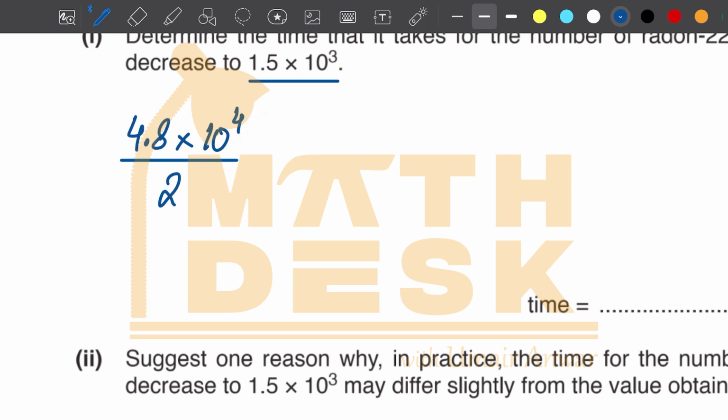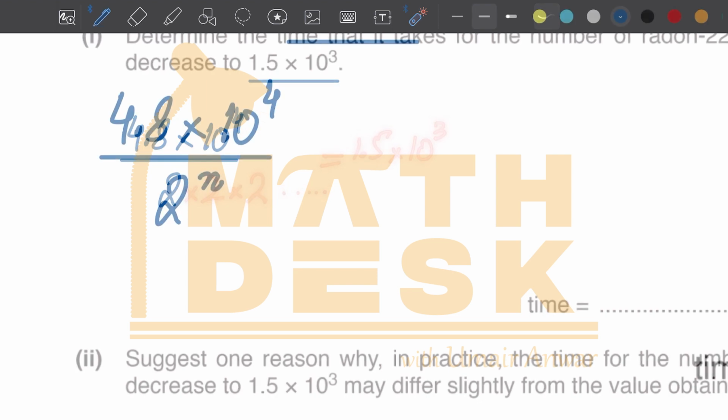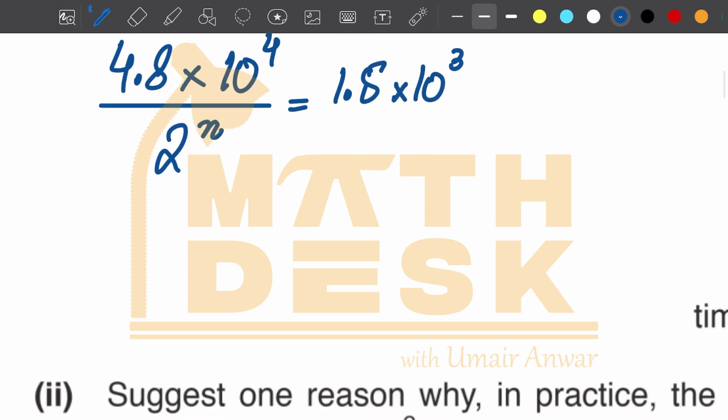And when another half-life passes, we would again be dividing it by 2, and when the third half-life passes, this division would continue until the number we reach becomes 1.5 × 10^3 particles. So instead of writing 2 multiple times, I'm writing 2^n here, and we need to find by how much division we get the answer equal to 1.5 × 10^3.